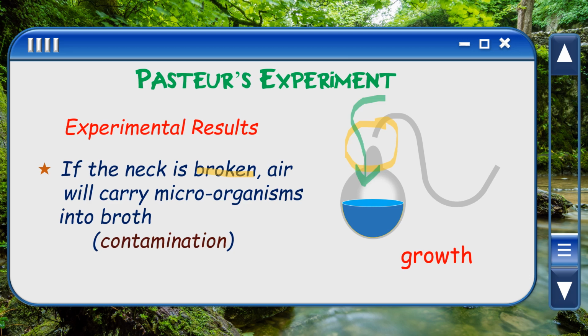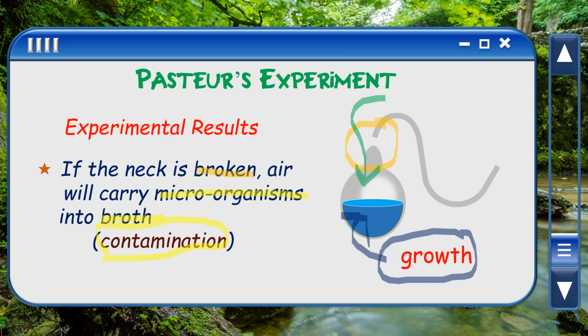That air was carrying microorganisms, and those microorganisms entered the broth. When they entered the broth, the broth became contaminated. And after a short time, he found there was growth of microorganisms in the broth.